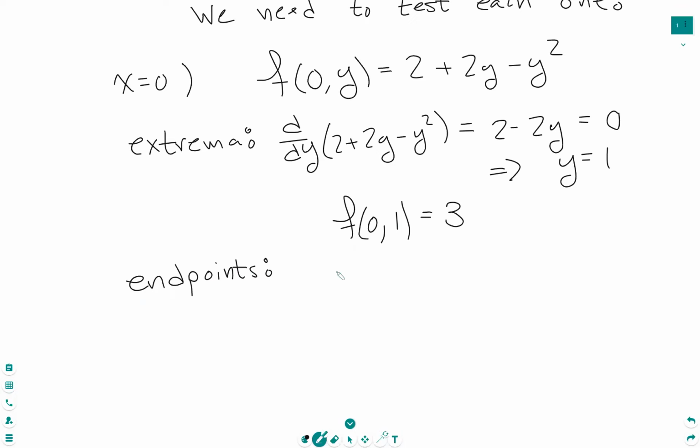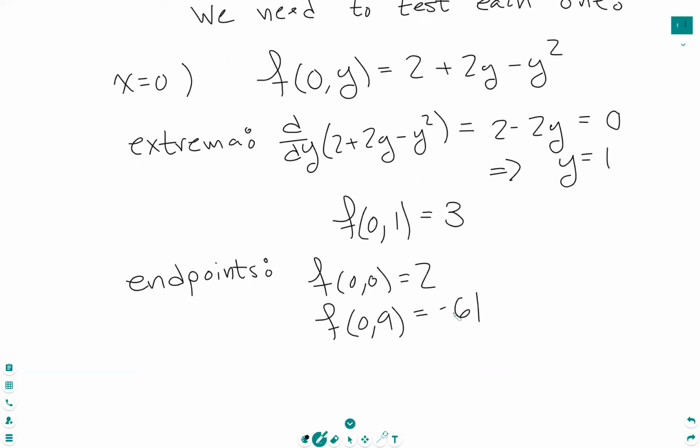The endpoints are at (0, 0), the origin. I plug that in and I get 2. I also need to test the other endpoint, which is at (0, 9). This is negative 61. Okay, that looks like a good candidate.